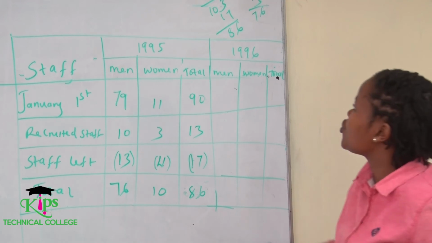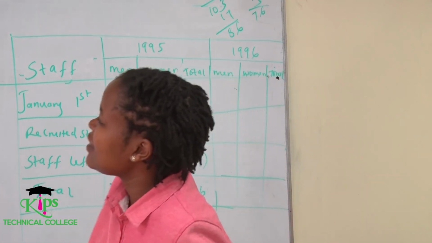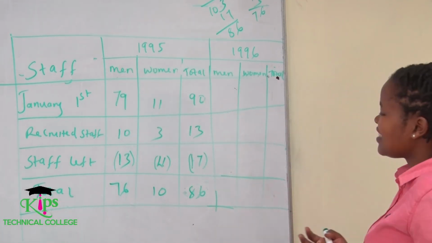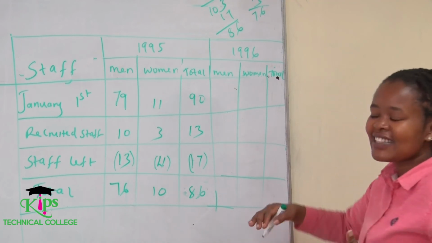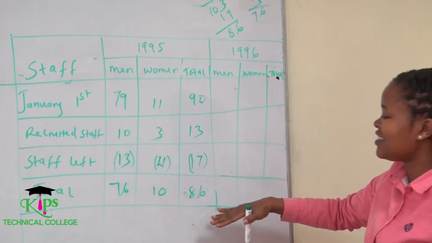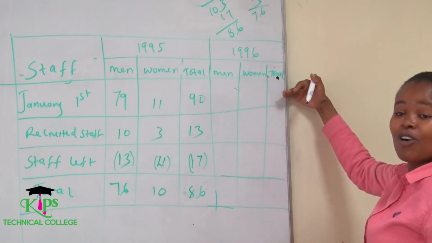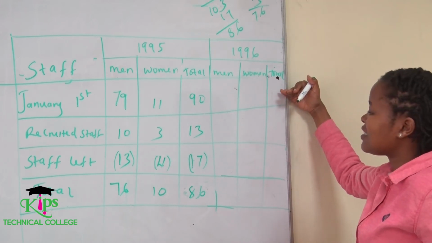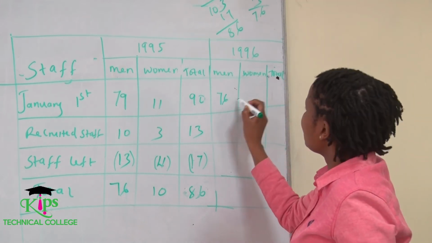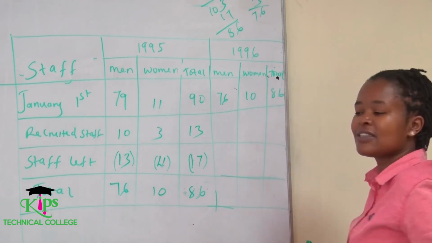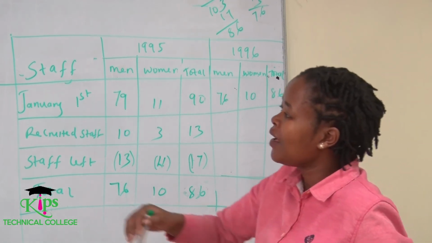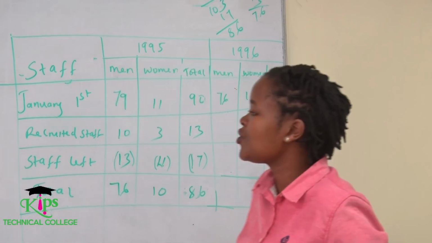And then we go to 1996. Remember this staff who finished 1995, they will be our staff at the beginning of 1996. So here we will have 76, 10 and 86. And then we have the staff who are recruited during the year.